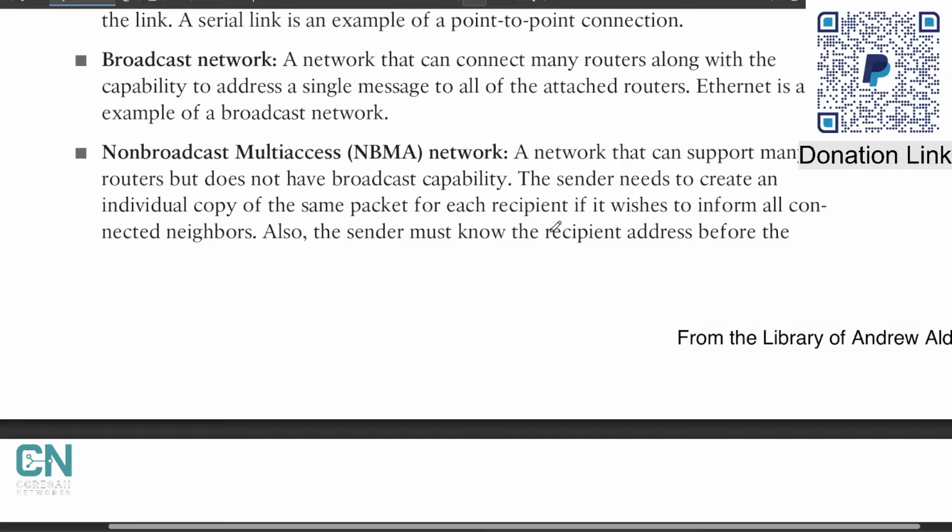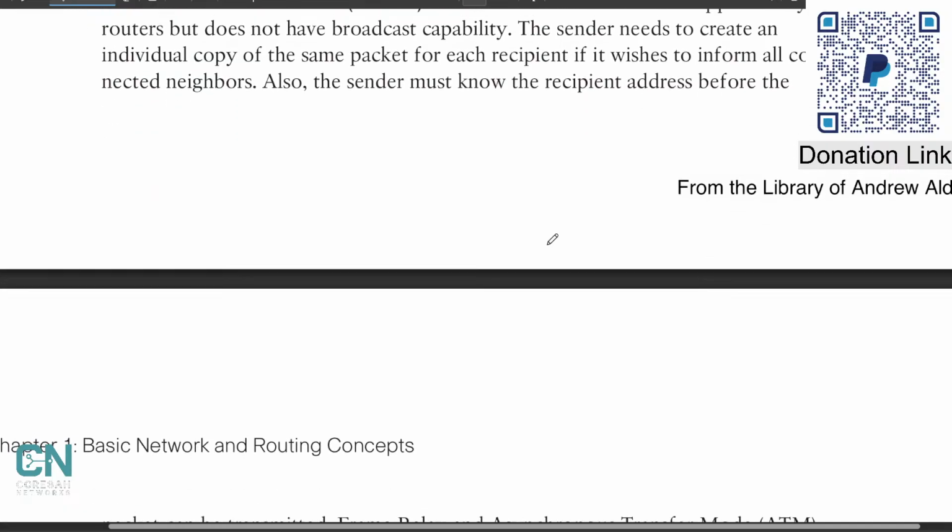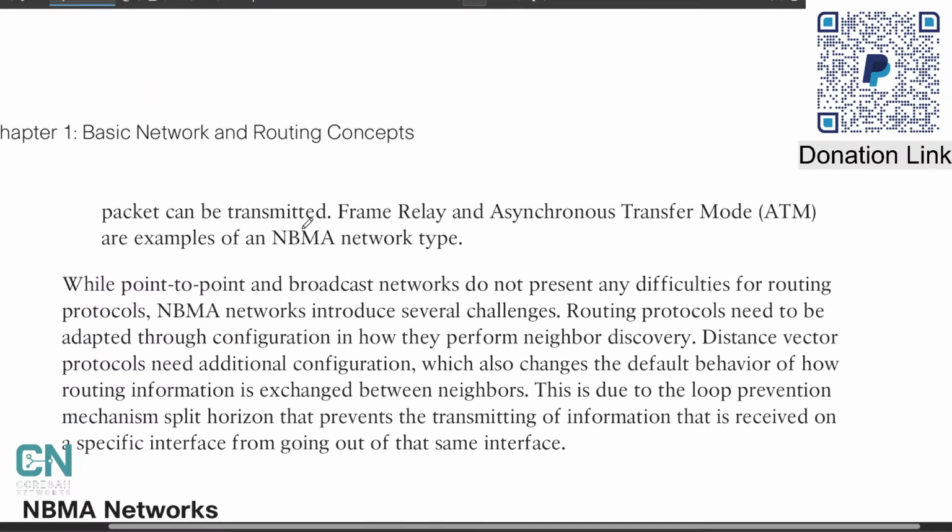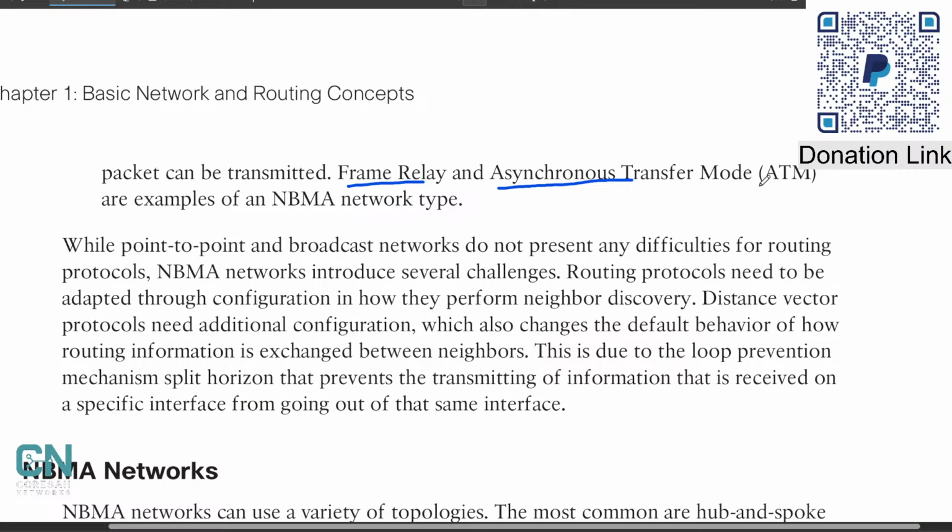Also, the sender must know the recipient address before the packet can be transmitted. Frame relay and ATM are examples of an NBMA network.